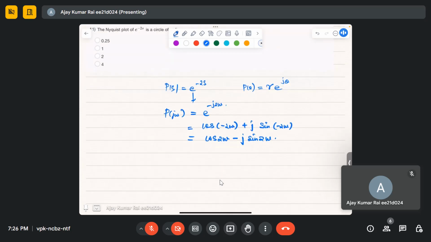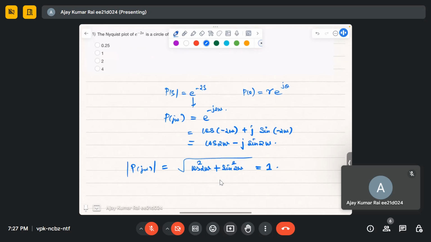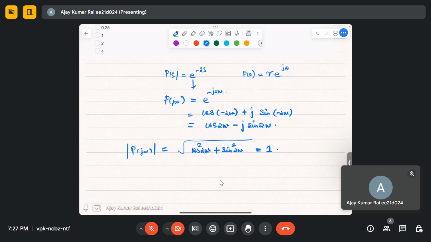So what is the magnitude? Magnitude is the root of real part squared plus imaginary part squared. If I write it in these terms, you get cos square 2 omega plus sine square 2 omega, which is equal to 1. And directly you can comment on the phase also. The phase is equal to minus 2 omega.